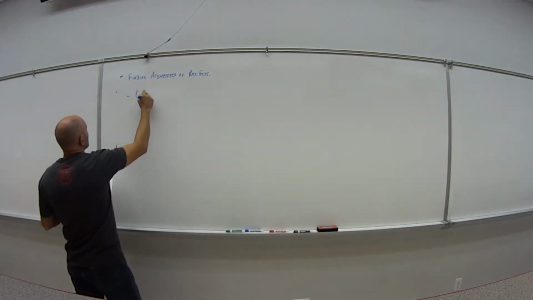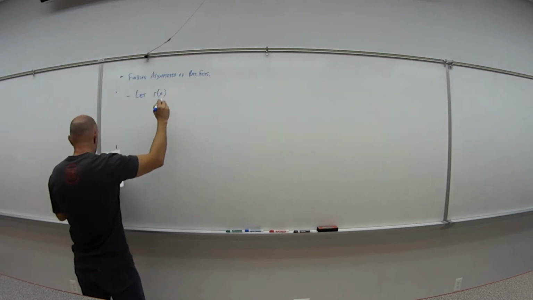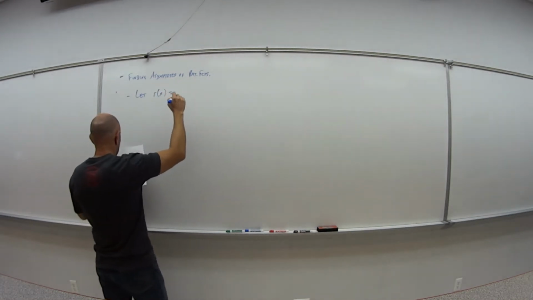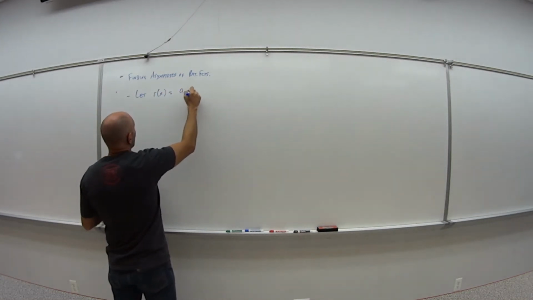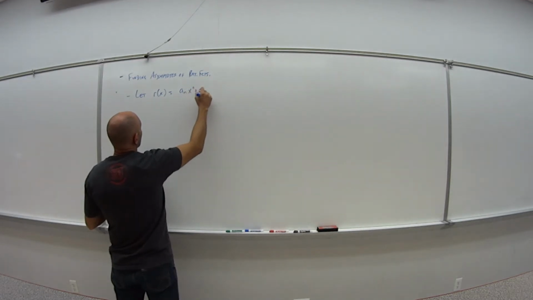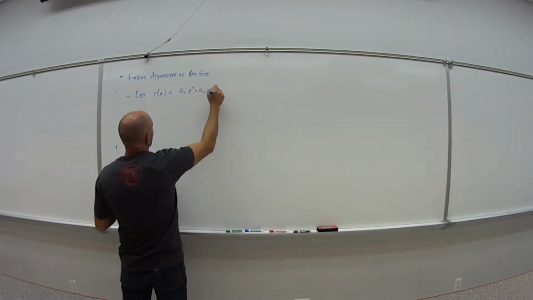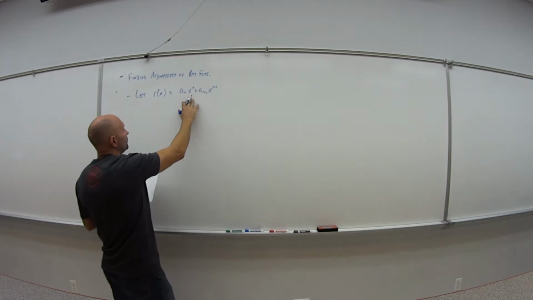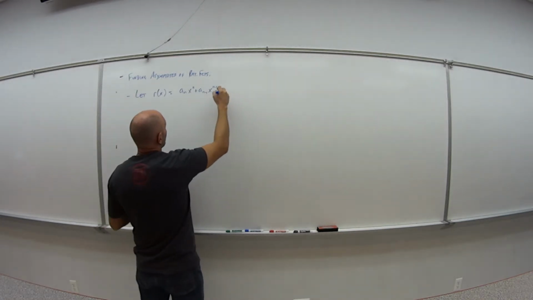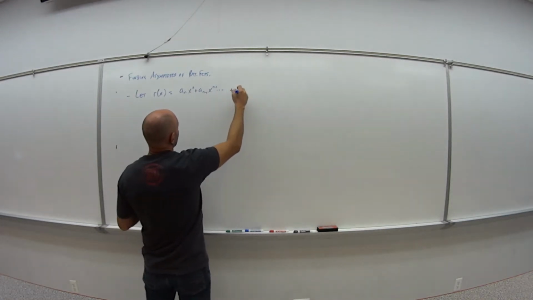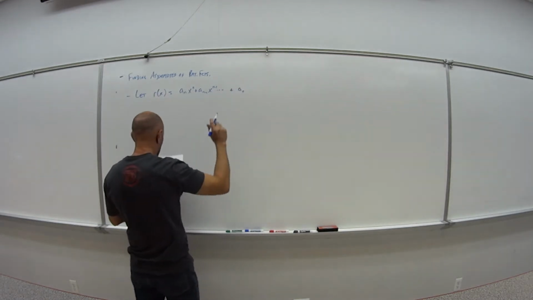So, let r of x, our rational function, be of the general form a_n x to the n plus a_(n-1) x to the n minus 1. So we have some degree in the numerator, and it keeps going down until we get a_0, our constant.